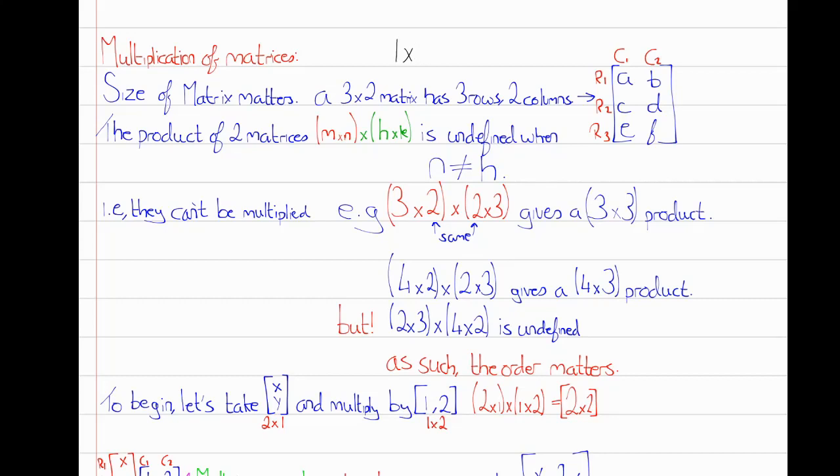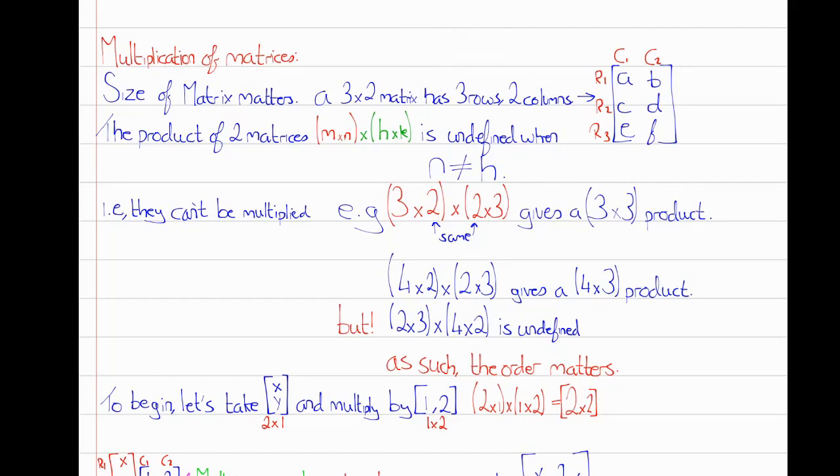We can multiply a 1 by 2 matrix with a 2 by 1 matrix, for example, but we can't multiply a 1 by 2 matrix by a 1 by 2 matrix. That can't happen. The two numbers in the middle must always be the same.